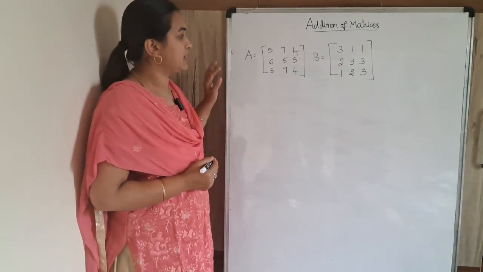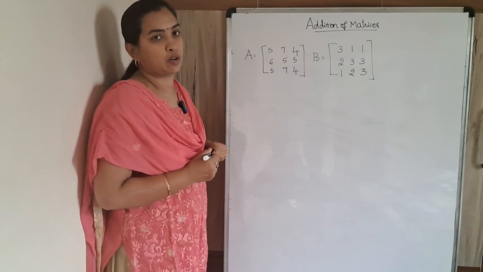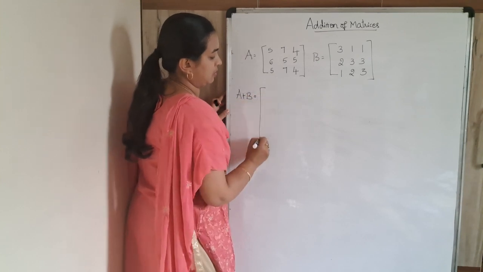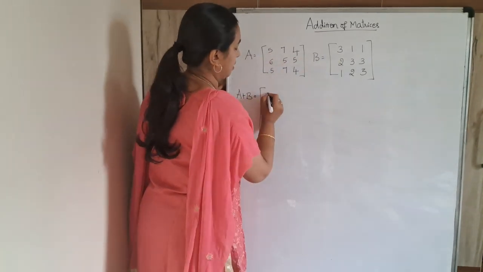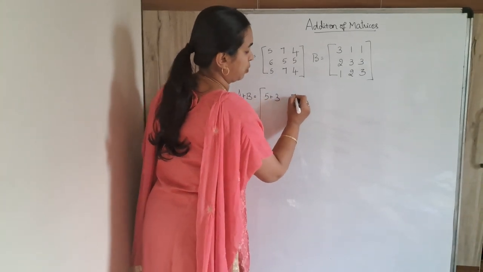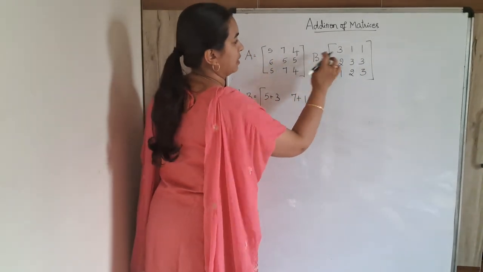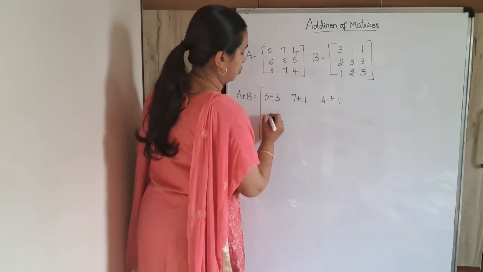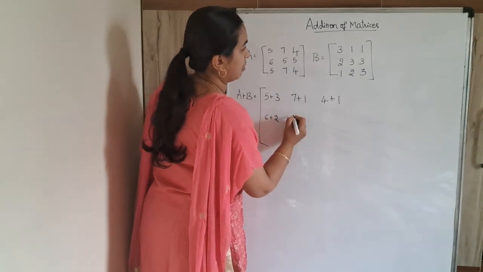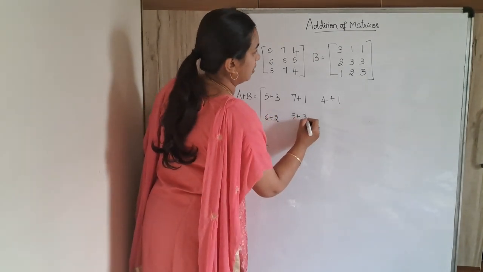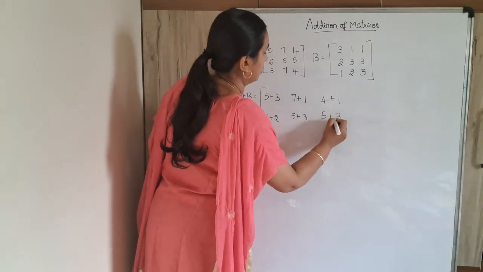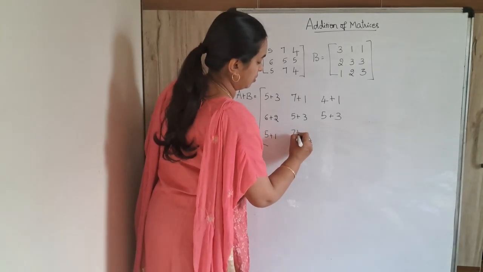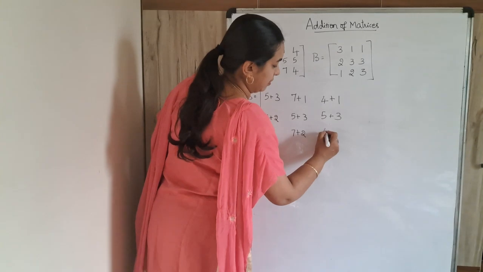Let us add these two matrices which are of the order 3 cross 3. So A plus B is equal to 5 plus 3, 7 plus 1, you just need to add the corresponding terms. 4 plus 1, 6 plus 2, 5 plus 3 again and 5 plus 3, 5 plus 1, 7 plus 2 and 4 plus 3.